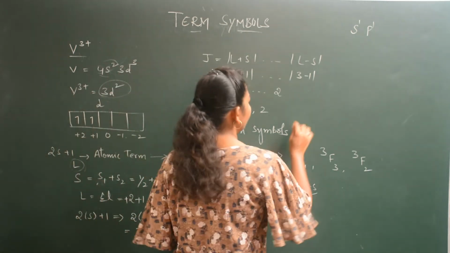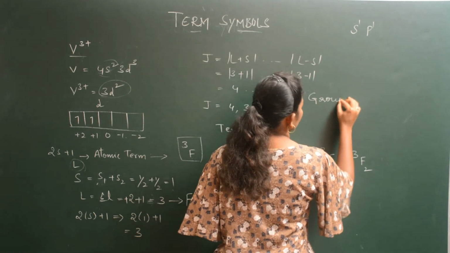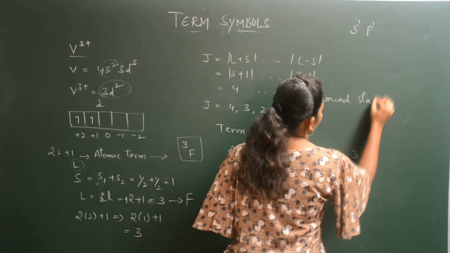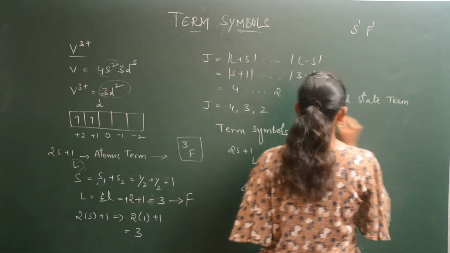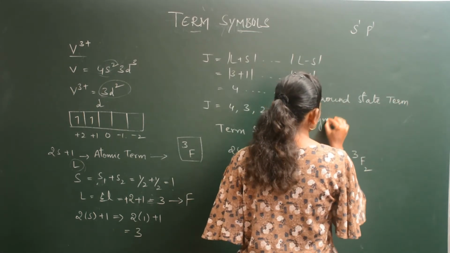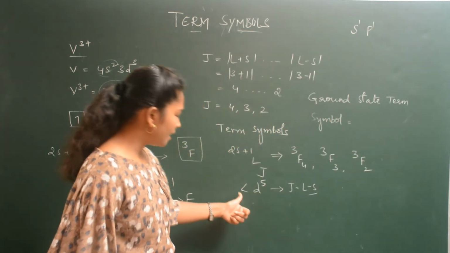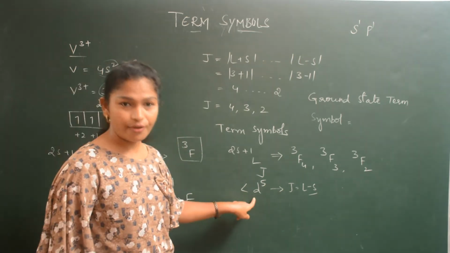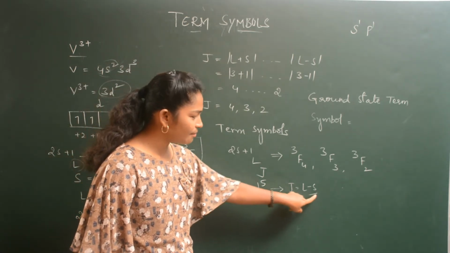So now for this, the ground state term symbol is, so it is D2, less than half filled. So you have to take the term symbol J value which has L minus S.